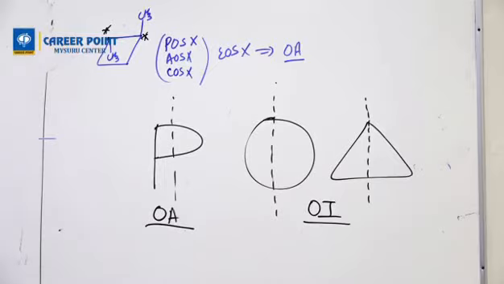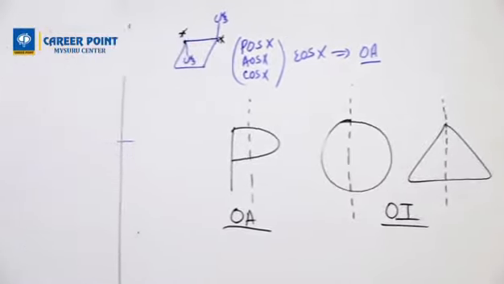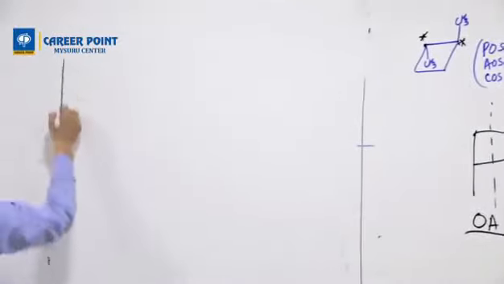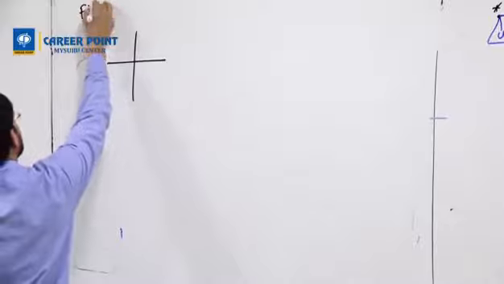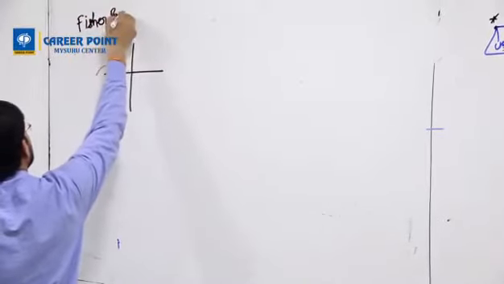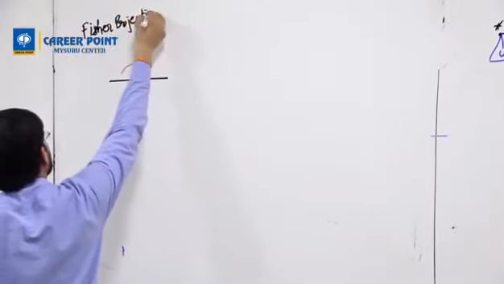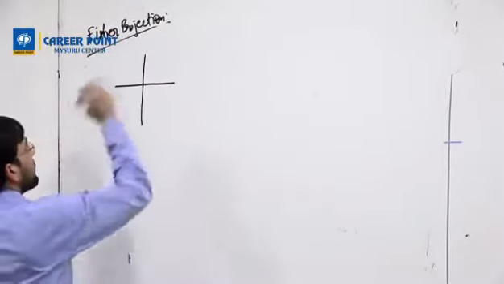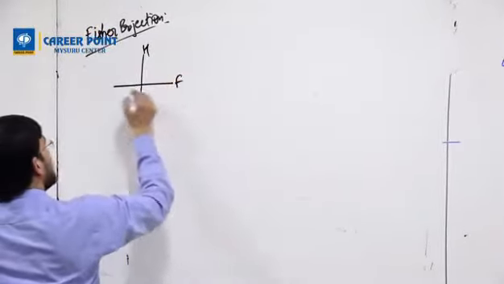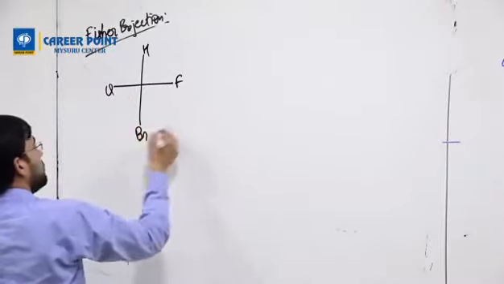Now what happens is, let's say the diagram is given to you. This is called Fischer projection. Let's take H, F, Cl, Br.